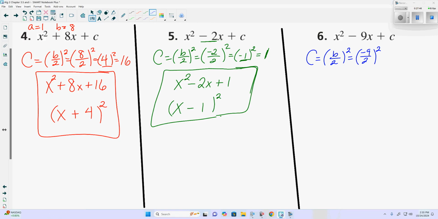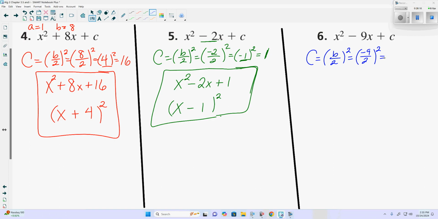We could write it either way. But especially when we start completing the square, it's going to be better to leave it as a fraction than to turn it into a decimal. Because again, as we've seen on the one we just did a minute ago, we're going to have to take square root of both sides. It's better to take square root of a fraction than it is to try to take square root of a decimal.